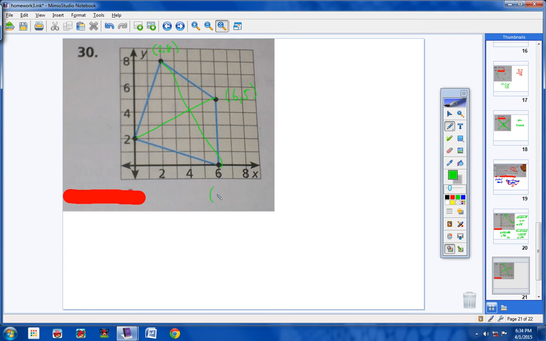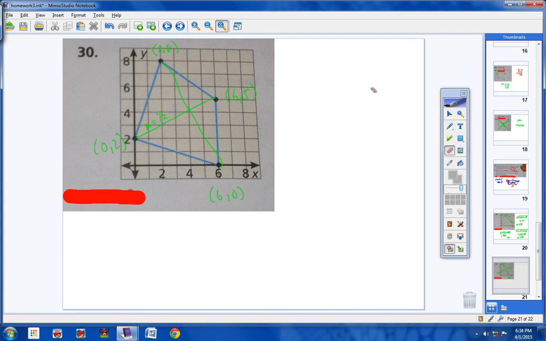This point here is (6, 0), and this point here is (0, 2). Let's find the slope of this line right here first. So y minus y is 2 minus 5, x minus x is 0 minus 6, negative 3 over negative 6, that's a positive 1/2. So this line right here has a slope of 1/2.